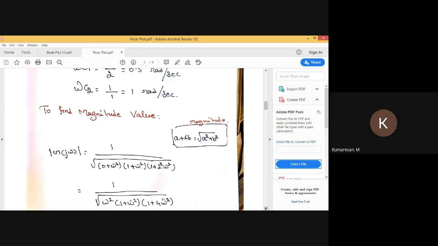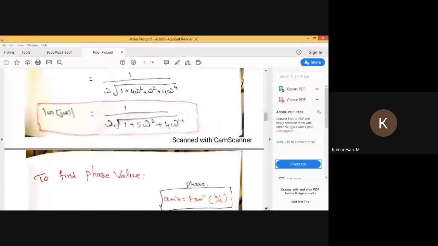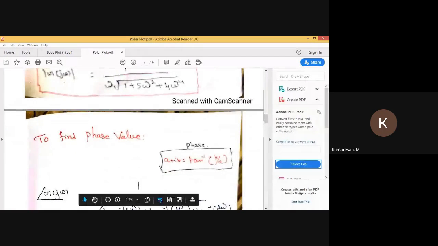Next we move to the phase angle equation. How are we going to form it? We know that the magnitude equation is nothing but 1 divided by omega root of 1 plus 5 omega square plus 4 omega power 4.